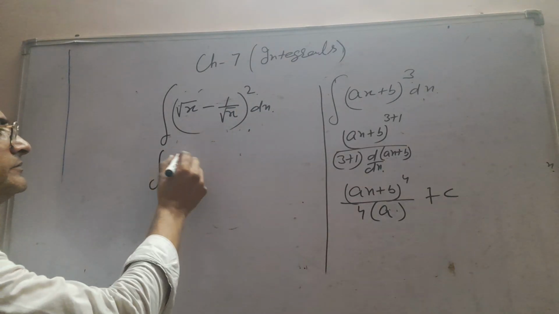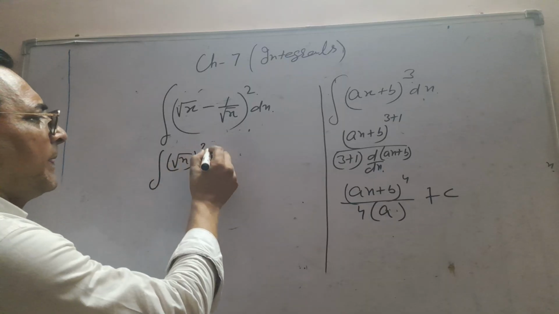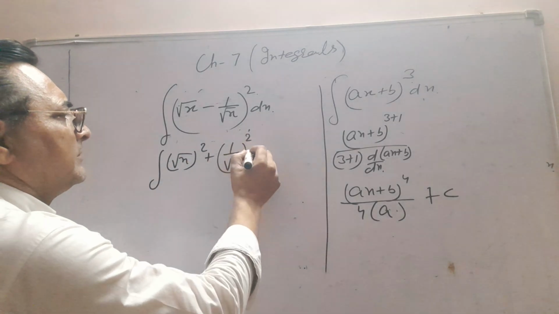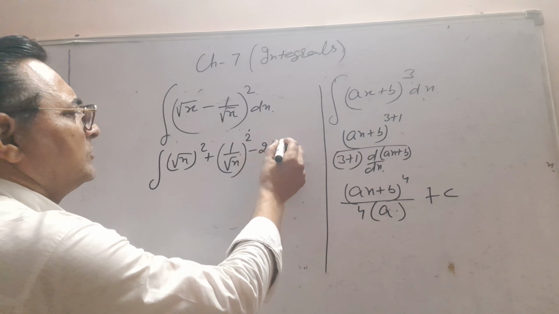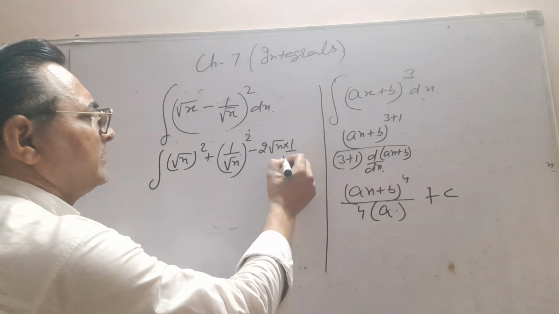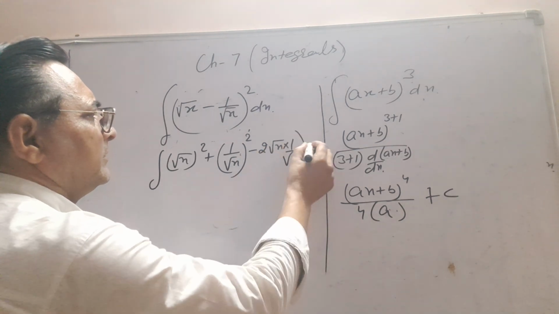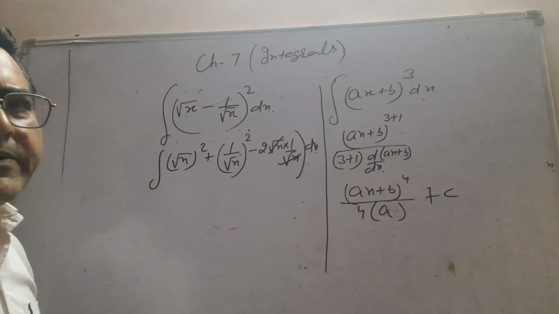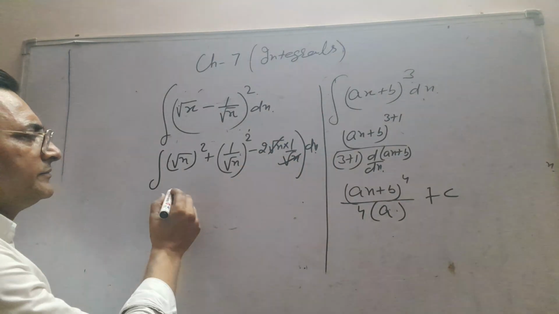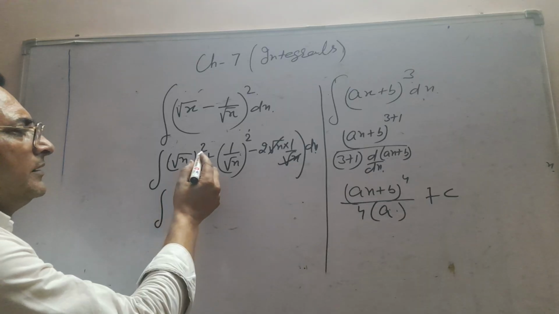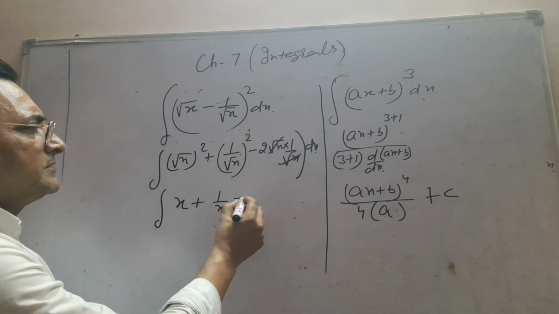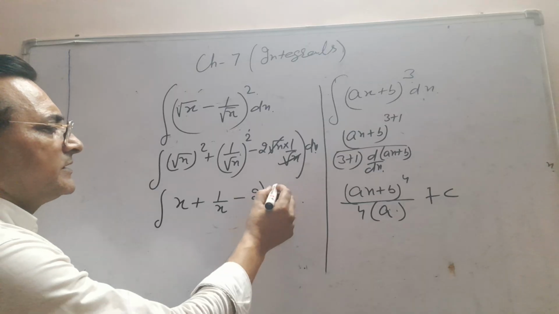What will it be? a square plus b square minus 2ab, into dx. Root x cancels with root x. Here it will be x plus 1 by x minus 2 into dx.